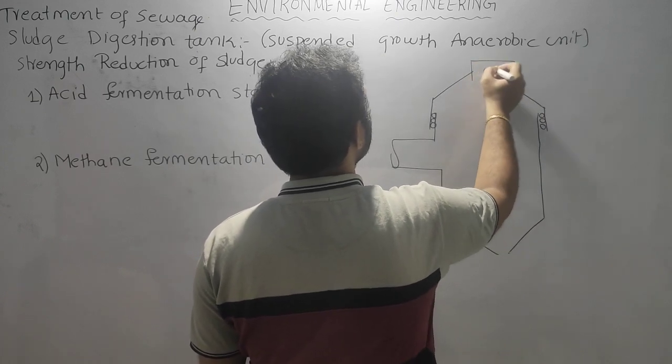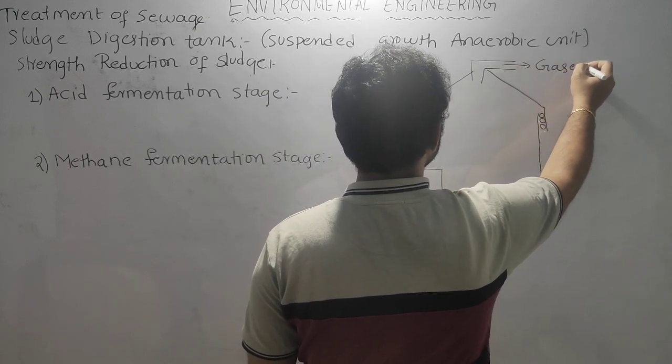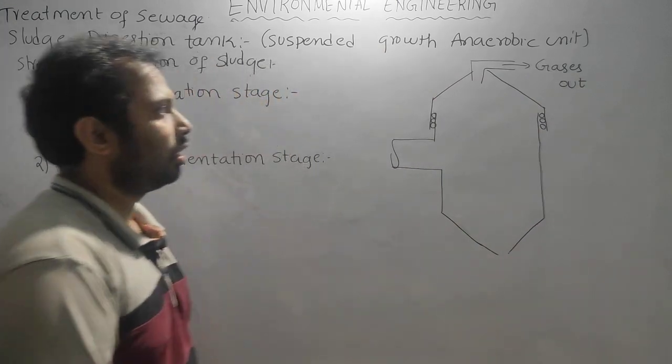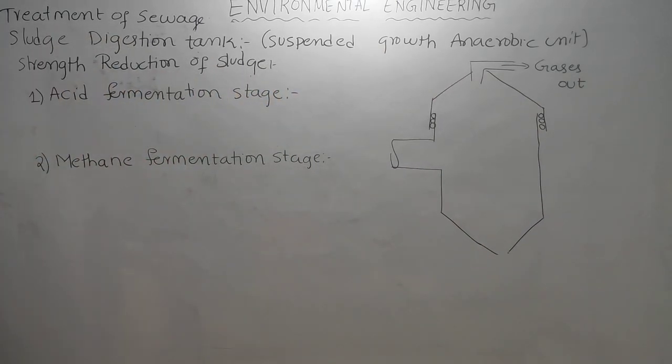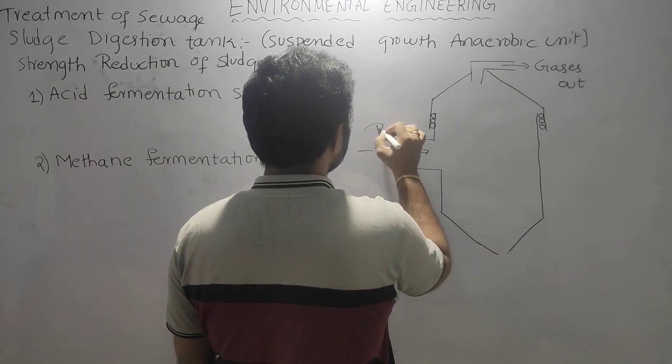The important thing is methane gas, so we collect the gases coming out of the sludge digester from this vent, and we send the raw sludge from this inlet zone.